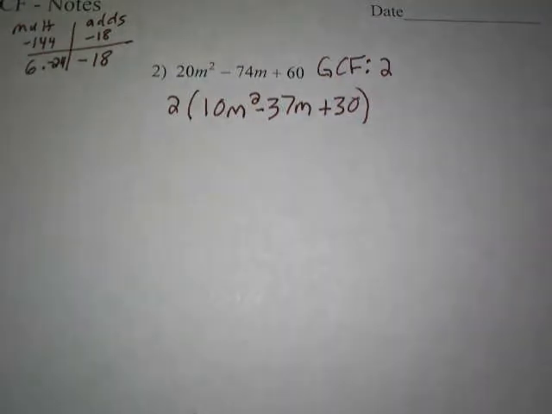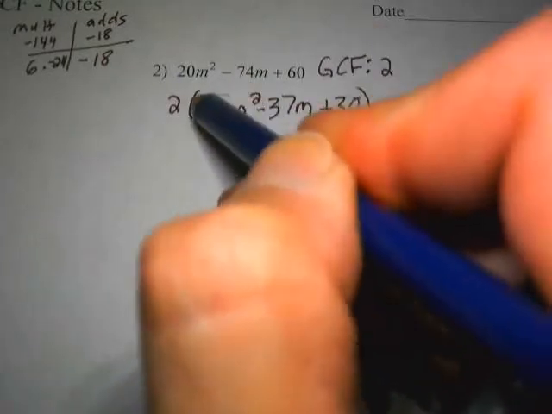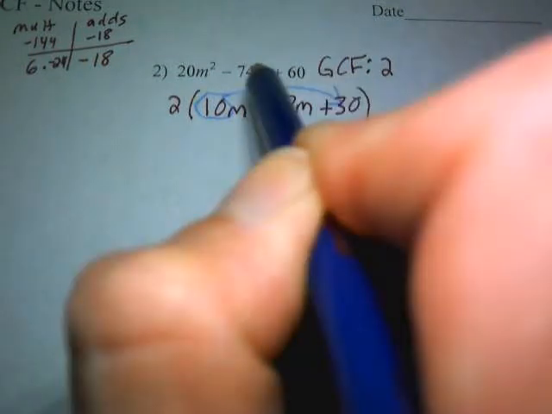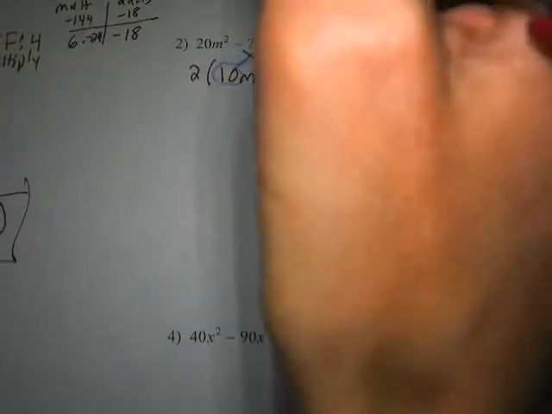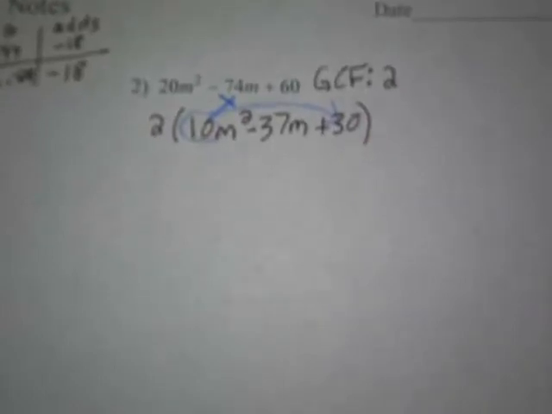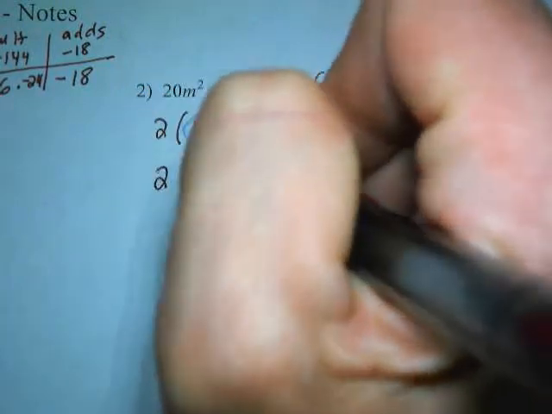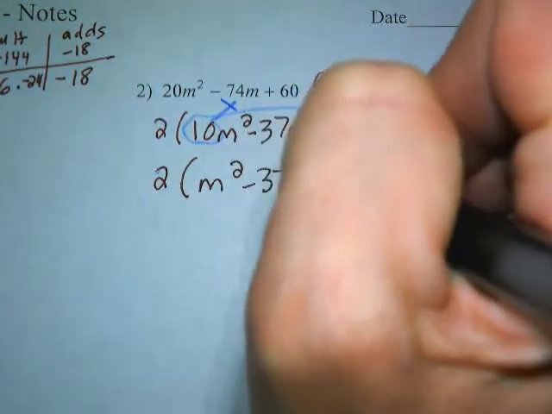Again, we still have a coefficient of our m squared term that is not 1, so we need to slide and divide. I'm going to take my 10 and multiply. So 2 times m squared minus 37m plus 300.